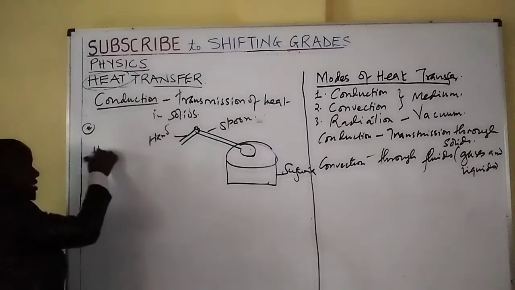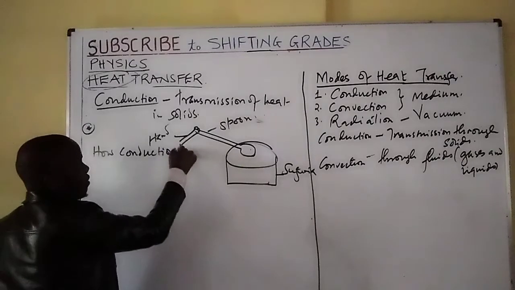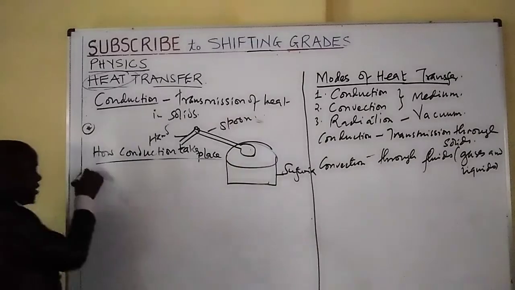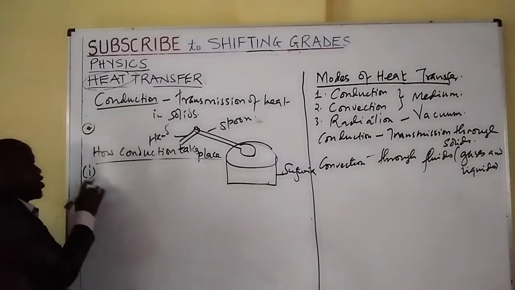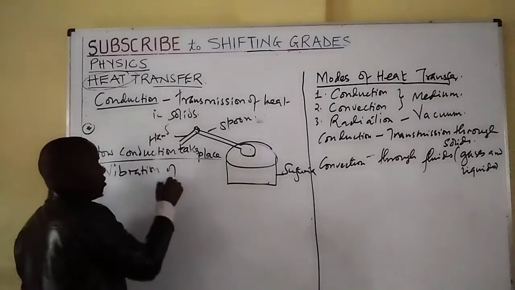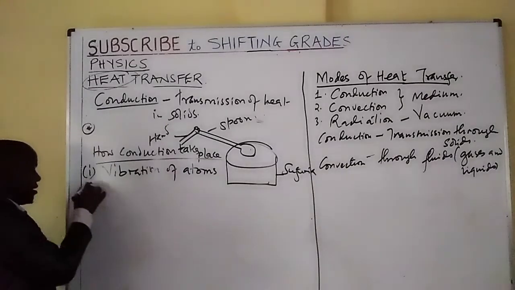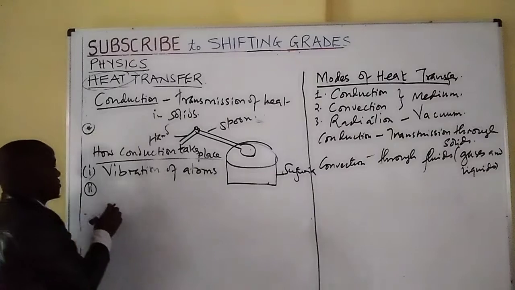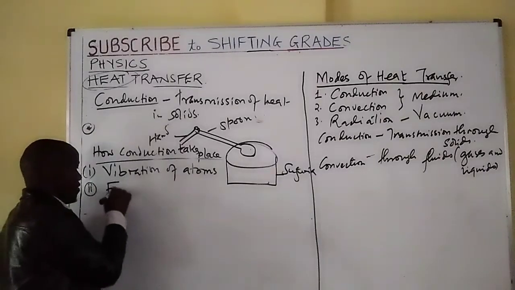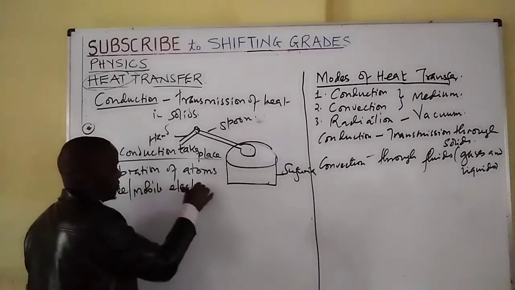Generally, for solids to conduct heat energy from one point to another, this is what happens. How conduction occurs: it's either due to vibration of atoms, and the other is due to free electrons.